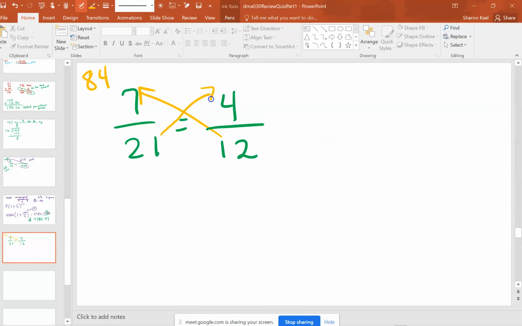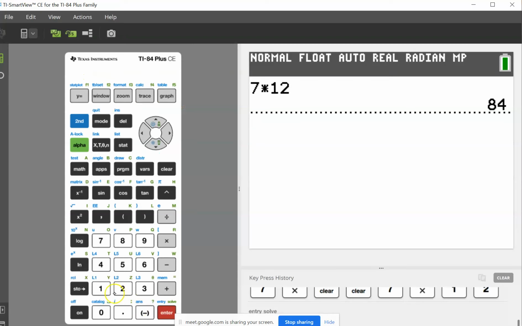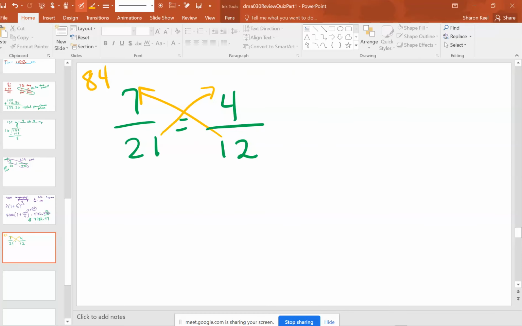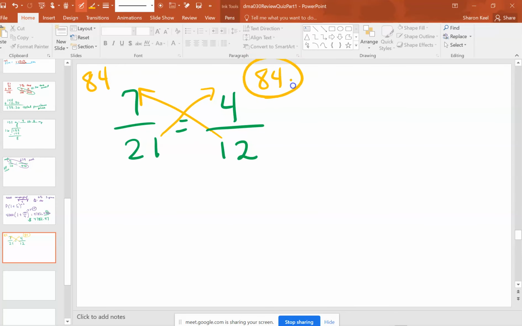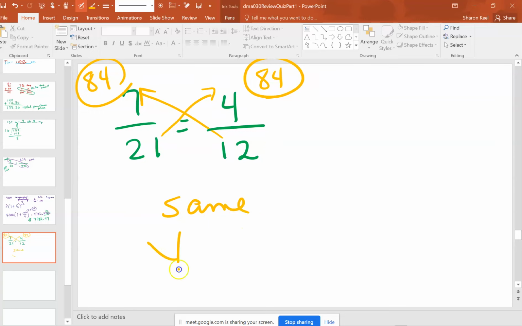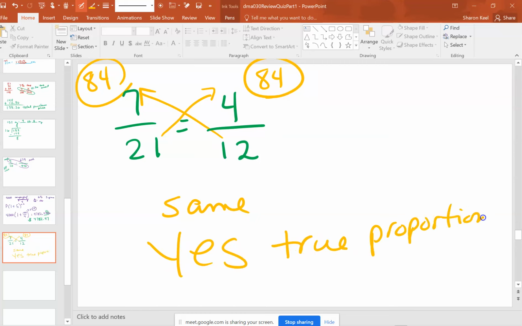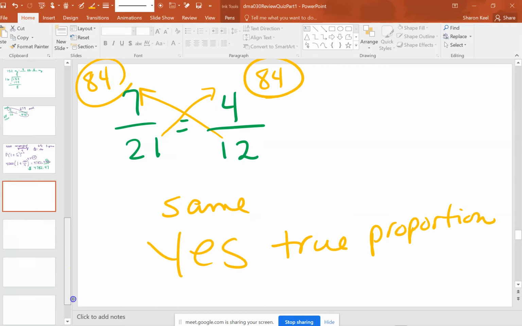If I do 21 times 4, that gives me 84. Let's compare these two numbers. If they are the same, then we're going to say yes, it is a true proportion. If they were not the same, we would say no. Okay?